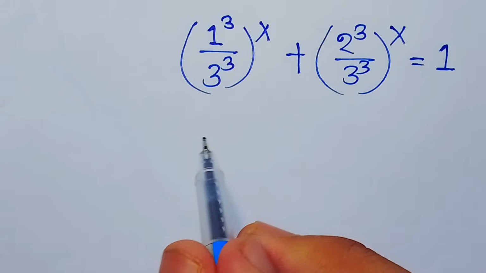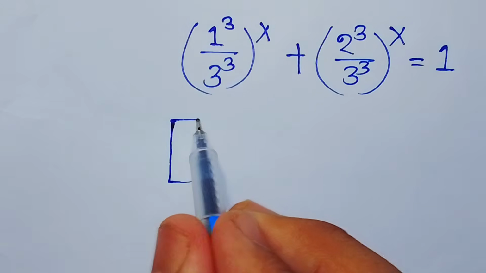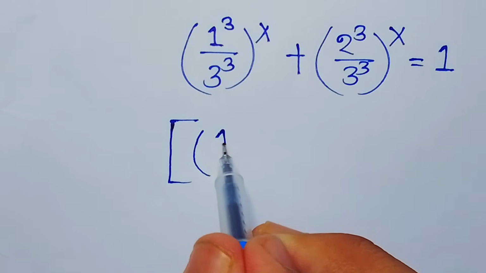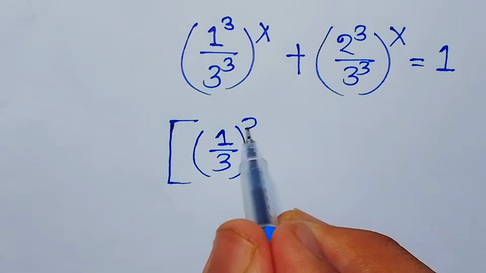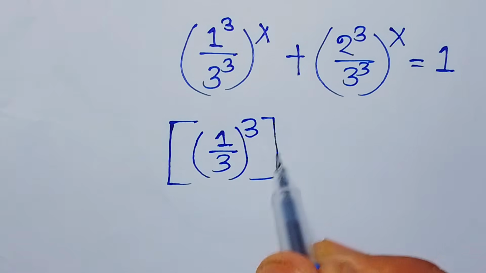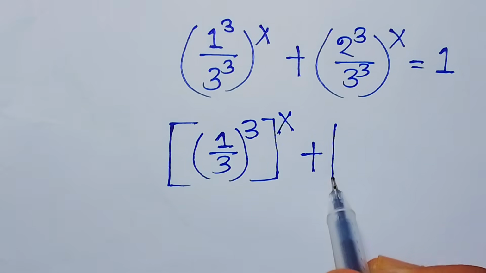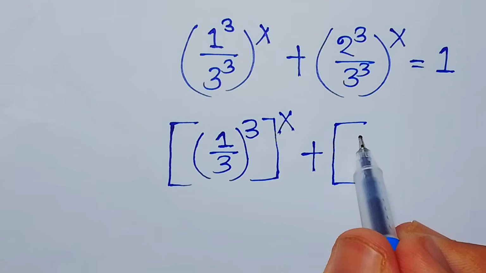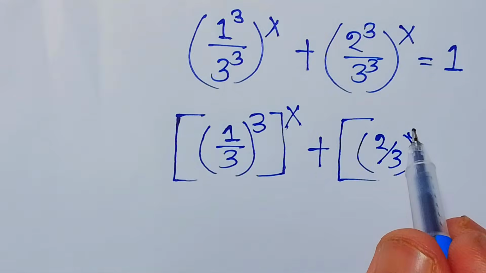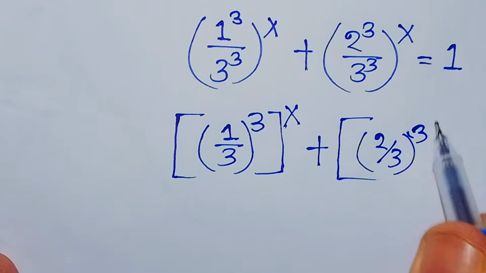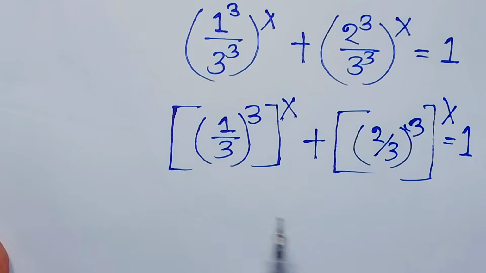Now here we can write, by applying the algebraic formula, (1 by 3) to the power cube, and also third bracket, to the power x, plus (2 by 3) to the power cube, and this all to the power x is equal to 1.